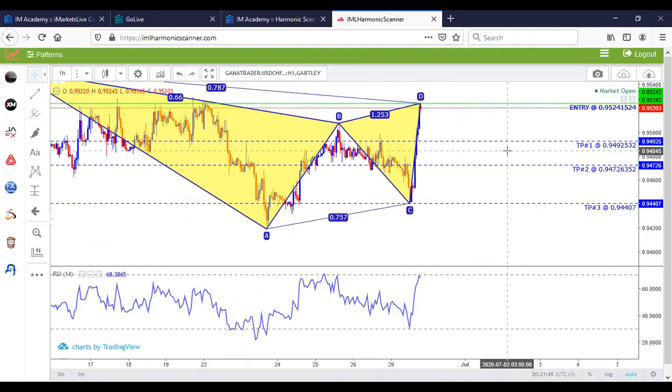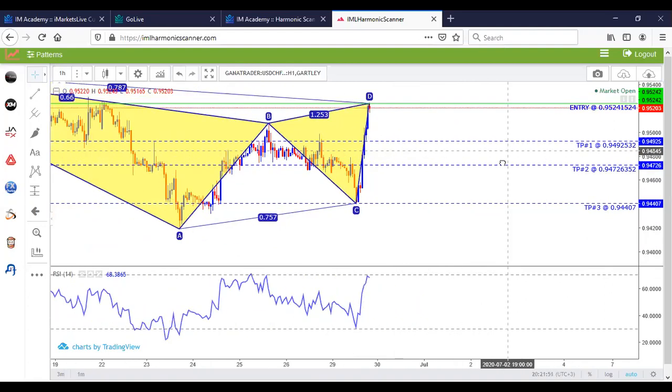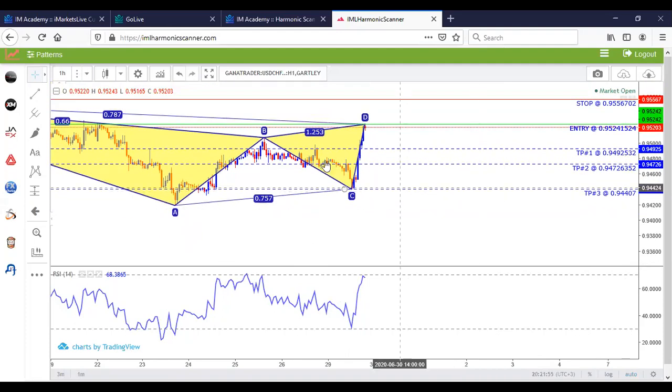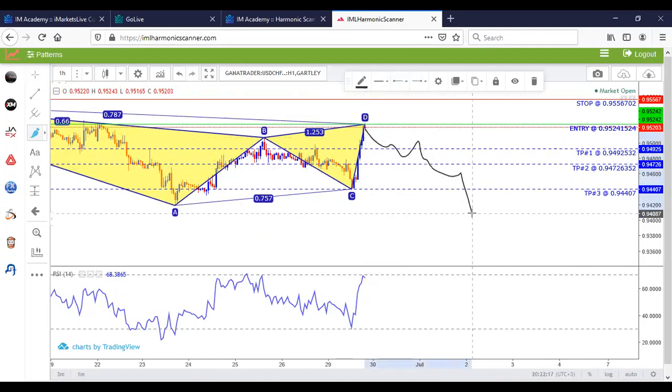So let me just touch on something here. For example, this trade. Now you ask yourself, is this a sell or is this a buy? This trade has the take profit below the entry. So this means that we anticipate that the market will move downwards for us to make money.